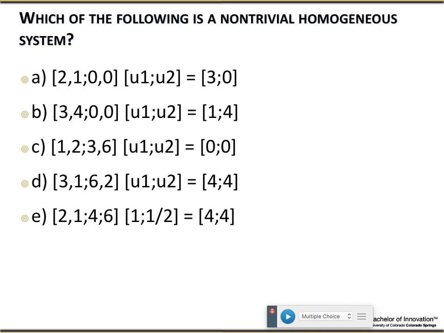There are no variables, right? So this is a clicker question from one of the students. So the semicolons are their way of saying end of the row, I guess, right? So this is first row 2, 1, 4, 6 times 1, 1/2, equals 4, 4, right? That's not even true. It's just a bunch of gibberish. So it's not E. So the two most common answers were C and D.